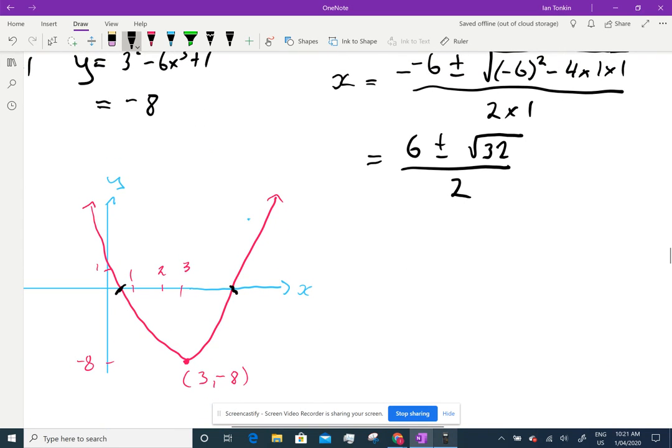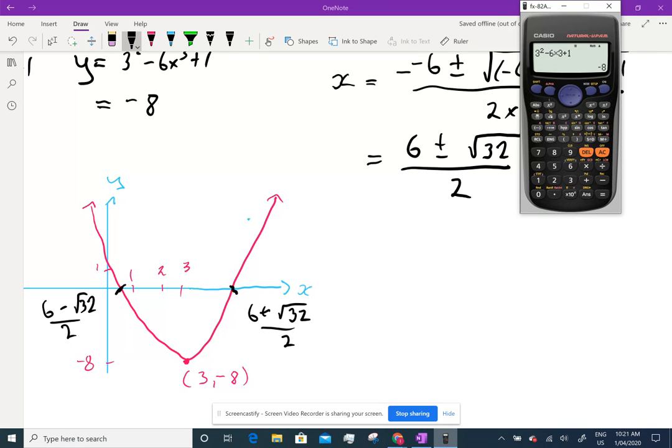Now, you could write that. So this is 6 plus root 32 over 2. And this is 6 minus root 32 over 2. But we'll just do it on a calculator. So get ourselves a little fraction up here, and we'll do the 6 minus root 32 over 2, 0.17.